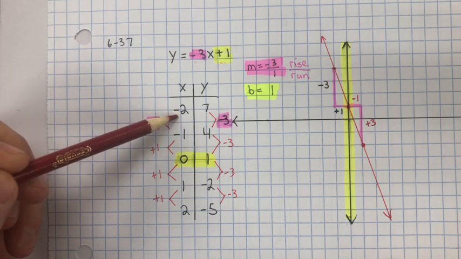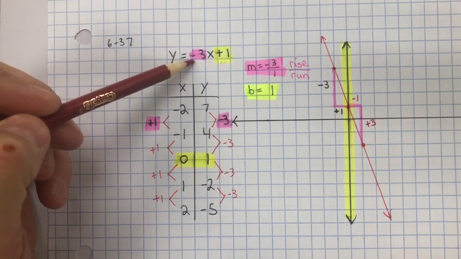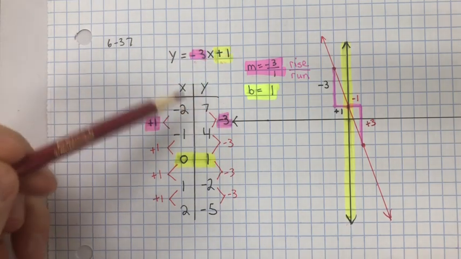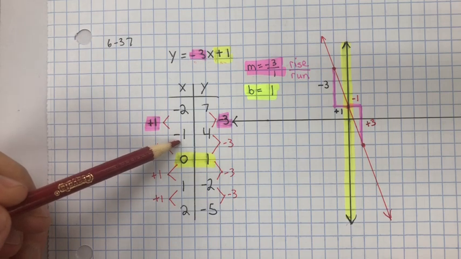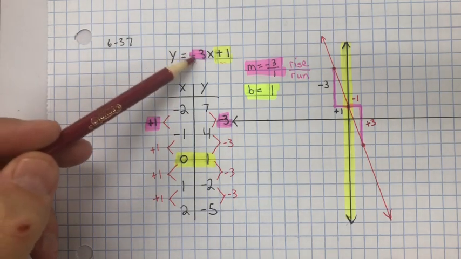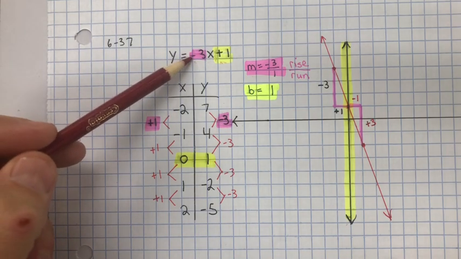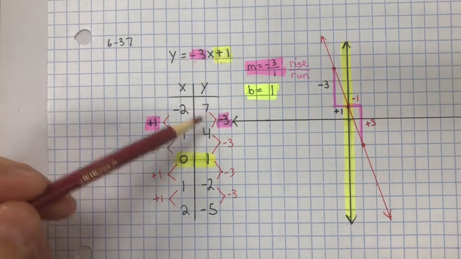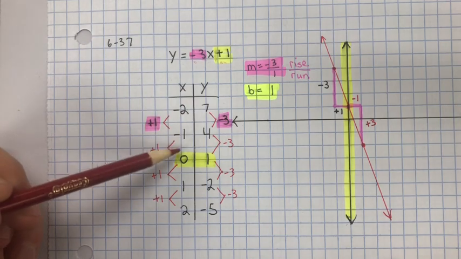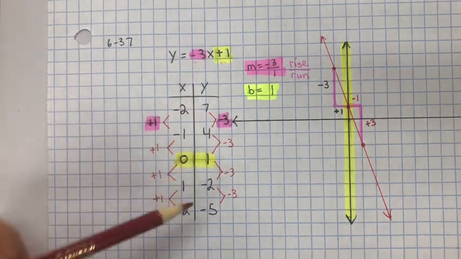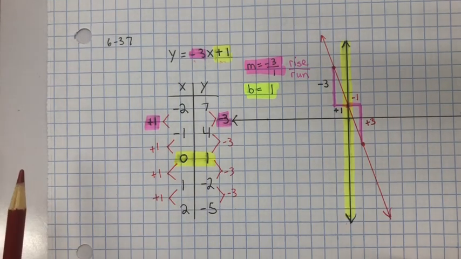If I plug in negative 2, negative 3 multiplied by negative 2 is 6, plus 1 is 7. And I would do that for each x value. Negative 3 multiplied by negative 1 is 3, plus 1 is 4. Negative 3 multiplied by 0 is 0, plus 1 is 1. And I did that for the last two.